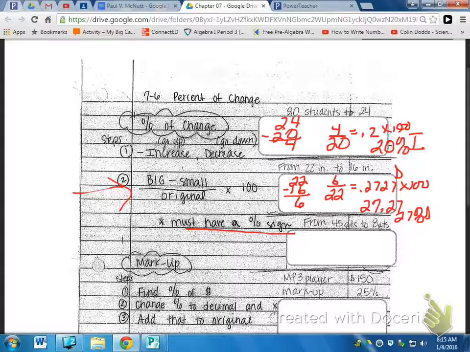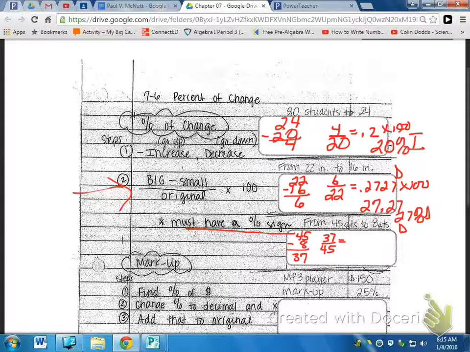All right, let's try one more. 45 quarts to 8 quarts. Is that an increase or a decrease? Big decrease. Yeah. So I take 45 minus 8, biggest minus the smallest, and we get 37. Yep. I'm going to take 37. Which one am I going to divide by? Where did it come from? 45.